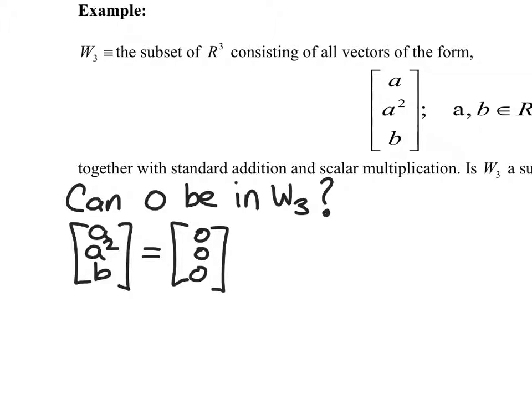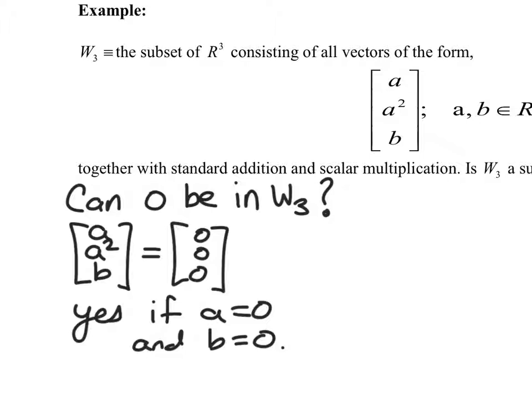So yes, if A is equal to 0 and B is equal to 0, that's the only way to have a zero vector. But it is a possibility.